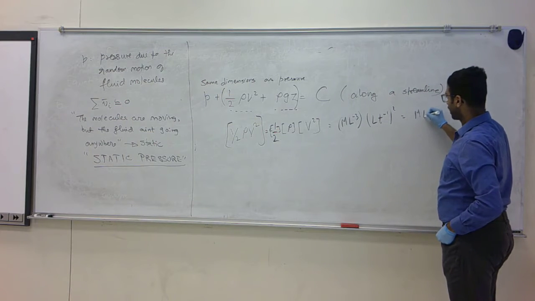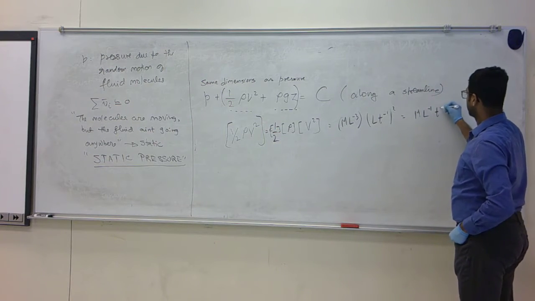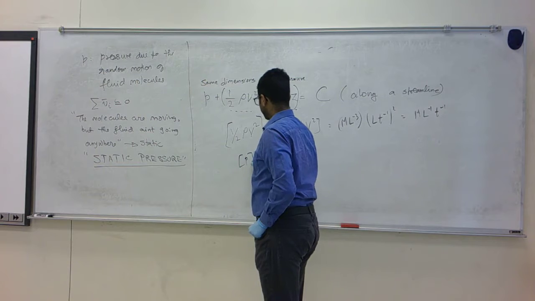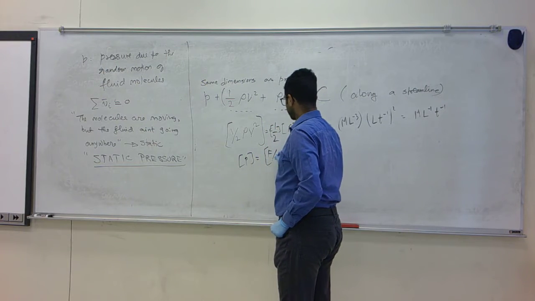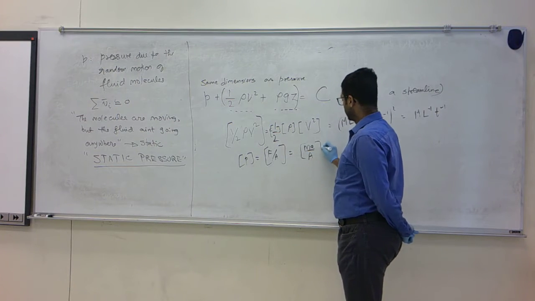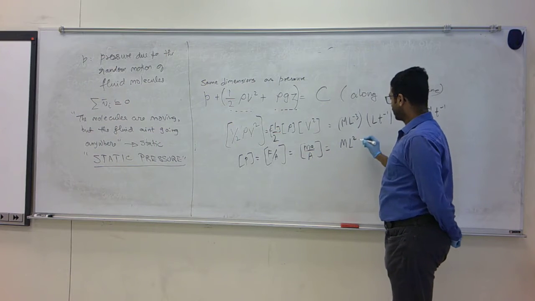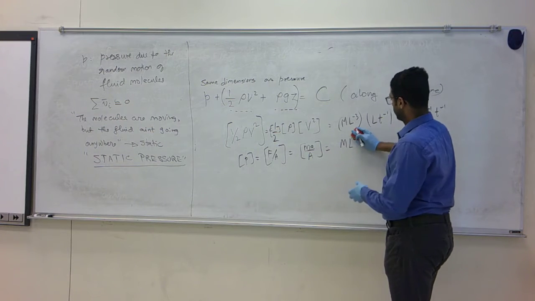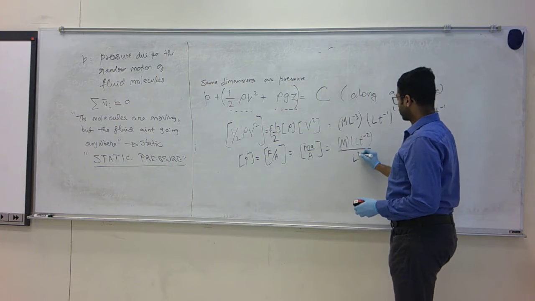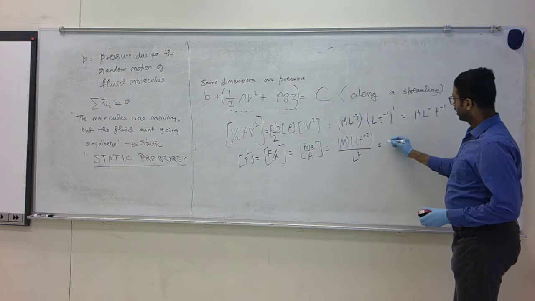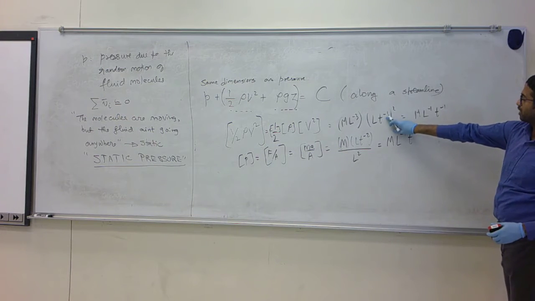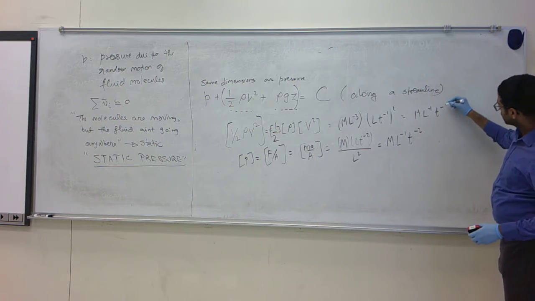So you have M L to the minus 1 T to the minus 2. Now if you check the dimensions of pressure, pressure is force per area, which is mass times acceleration over area. So this is M times L T to the minus 2 divided by L squared, or M L to the minus 1 T to the minus 2. I made a mistake earlier: it is T to the minus 1 squared, so this is T to the minus 2.